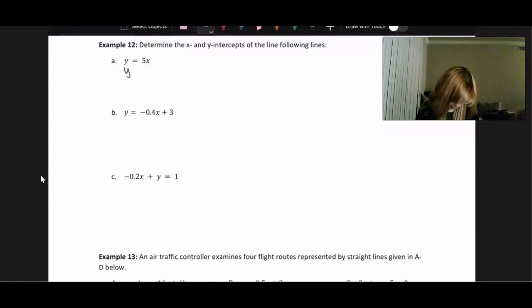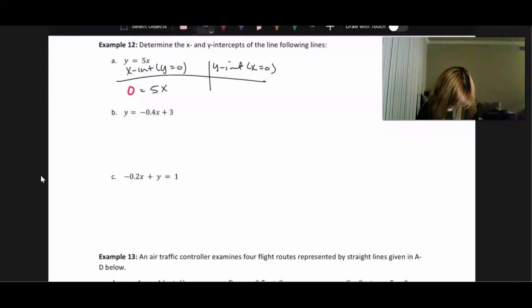X-intercept means y is 0. Y-intercept means x is 0. So for the x-intercept, y is 0, so 0 equals 5x. So x equals 0. And then x equals 0 to find the y-intercept.